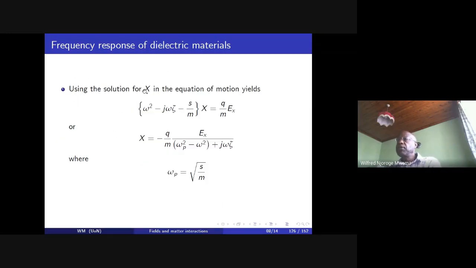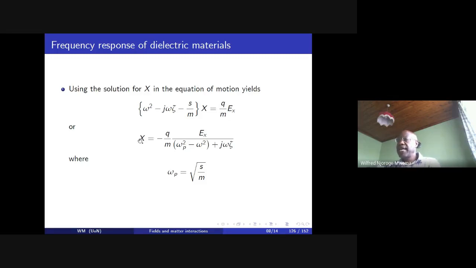When we use the solution of x in the equation of motion, we obtain omega squared minus j omega zeta minus s by m multiplied by x is equal to q by m multiplied by E. This reminds you of an RLC circuit, where the square root would be a characteristic frequency or the resonance frequency of the RLC circuit. That would be the damping coefficient for that particular circuit.